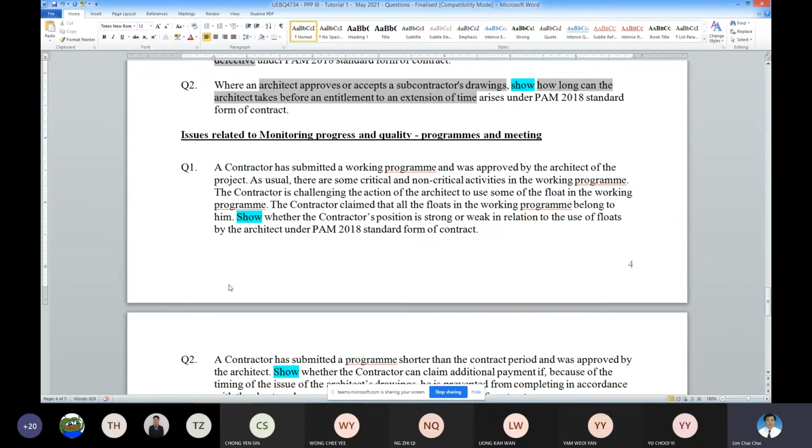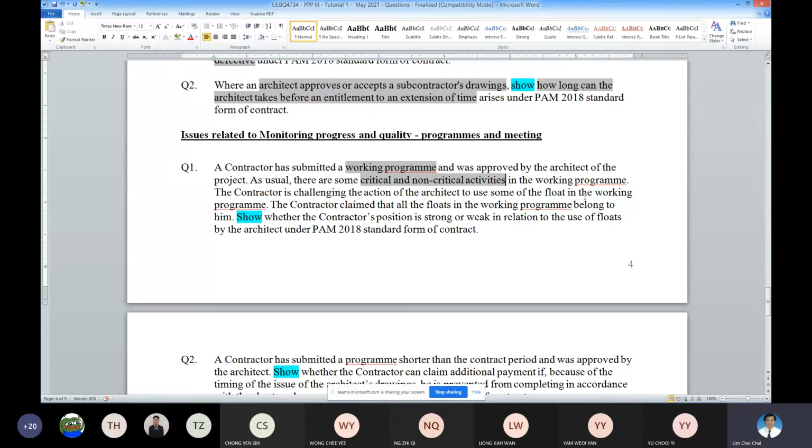Next one is on monitoring and quality. That is related to programs and related to meetings. So the program is used for monitoring your works and your quality. So under this question 1, you're dealing with a working program submitted. Okay, and the working program contains critical and non-critical activities. Okay, now we are looking into this one. Can the architect use the float?